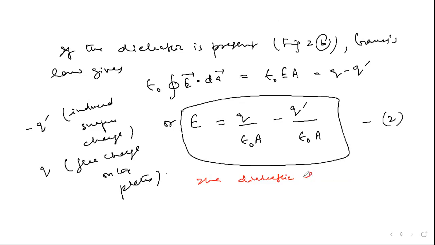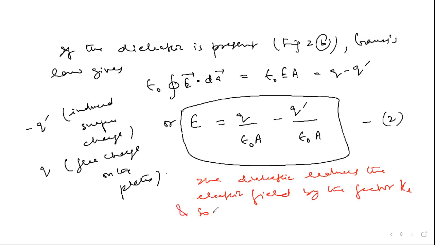The dielectric reduces the electric field by the factor Ke, and so E is equal to E naught by Ke, which is Q by Ke epsilon naught A. Let me name this as 3.